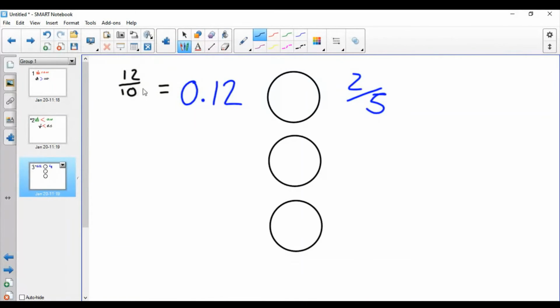That's the same as 12/100ths. 2/5 is the same as 4/10ths, I do believe, and that's also the same as 40/100ths. 12/100ths, 40/100ths. Well, 40 is much larger than 12, isn't it? Which means that 2/5 must be greater than 0.12.